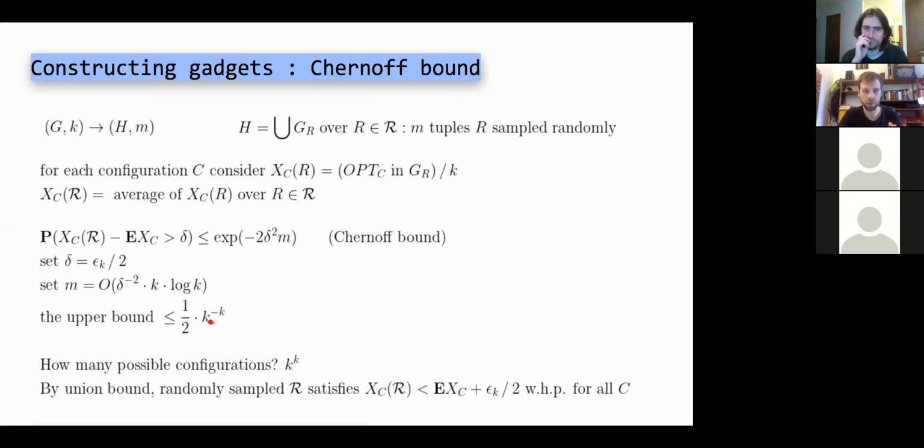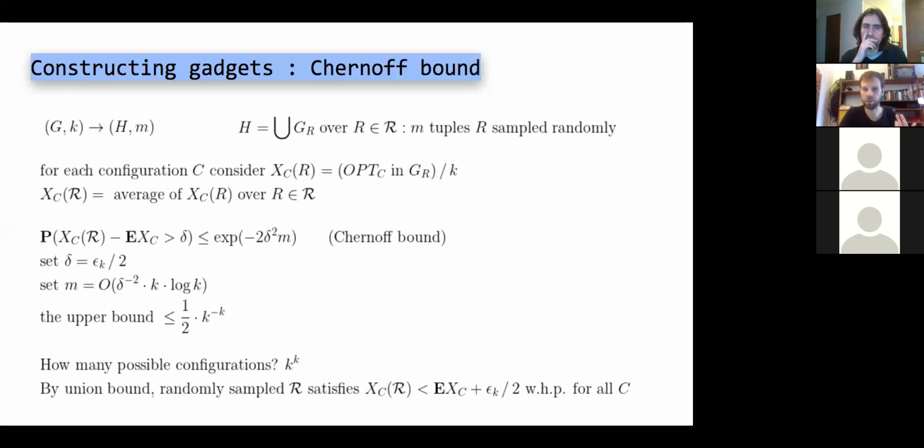So observe that when we take a sum over all the configurations of this probability, then by the union bound, we get that the probability that we are off for any configuration is at most 1/2.